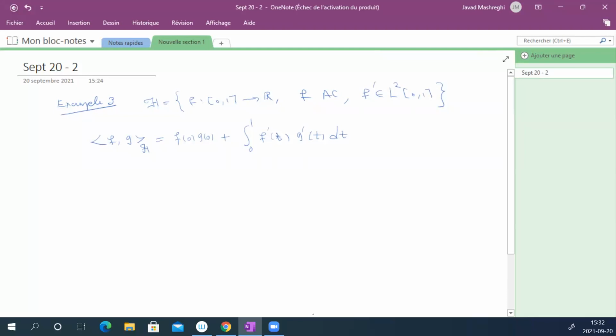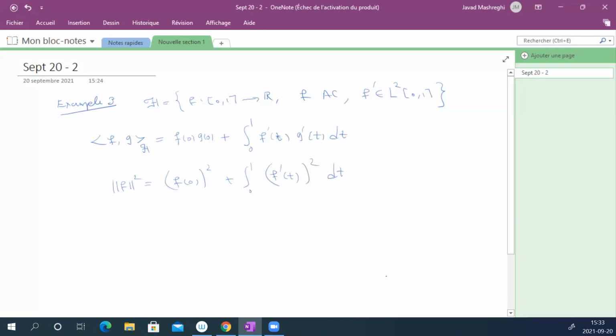That's one way to do it. And now we obtain a genuine inner product, and the norm squared is f of 0 squared plus the integral from 0 to 1 of f prime squared dt. It's a genuine norm too.